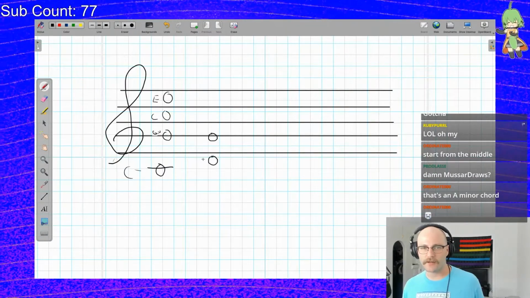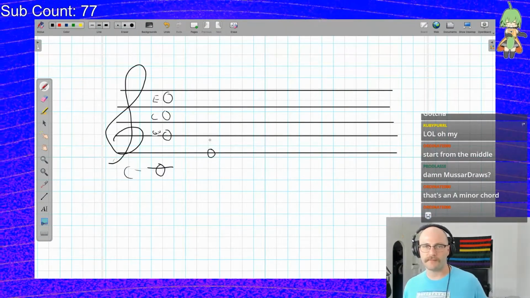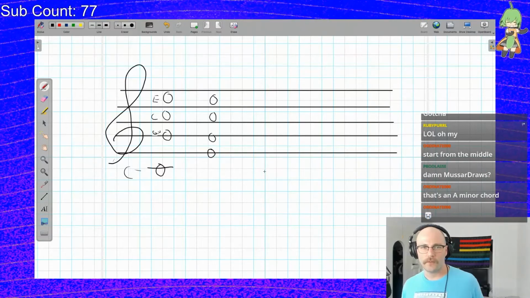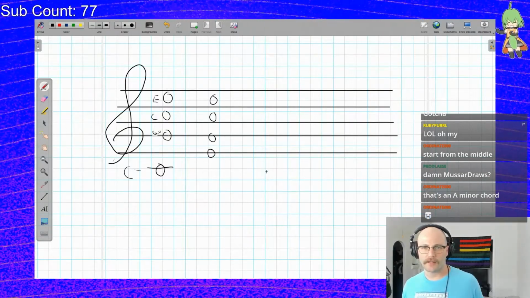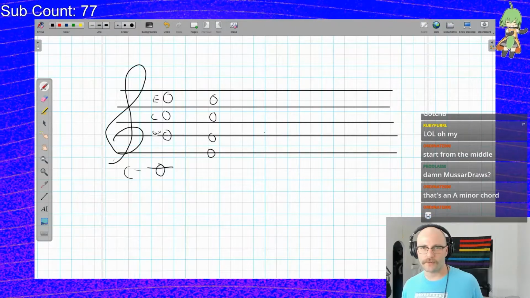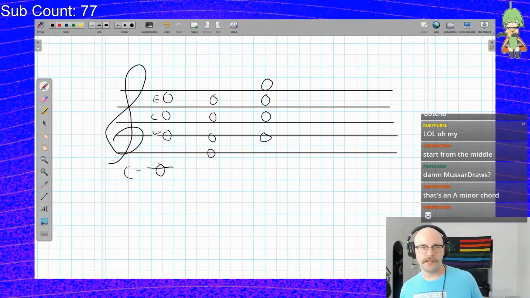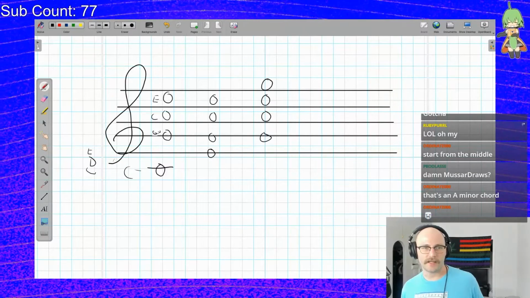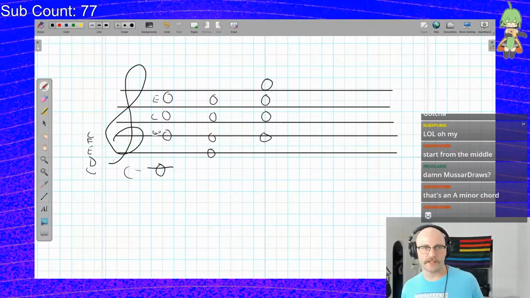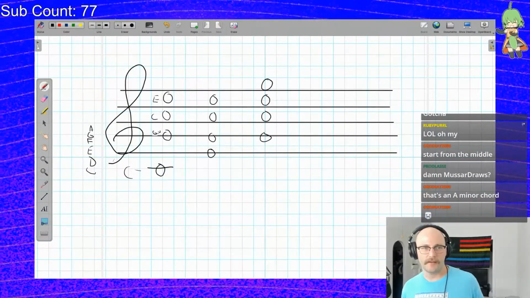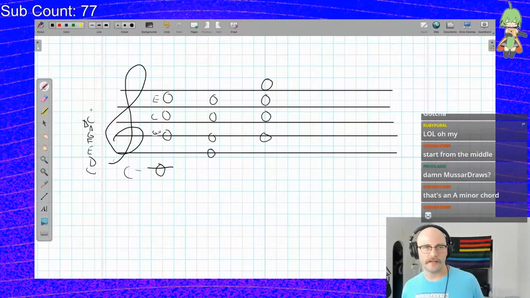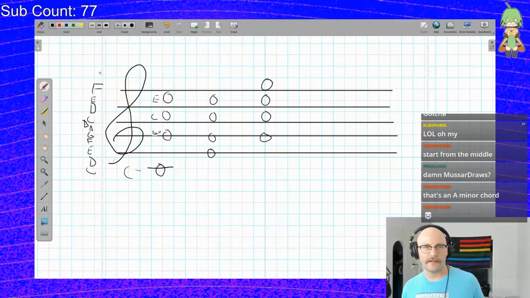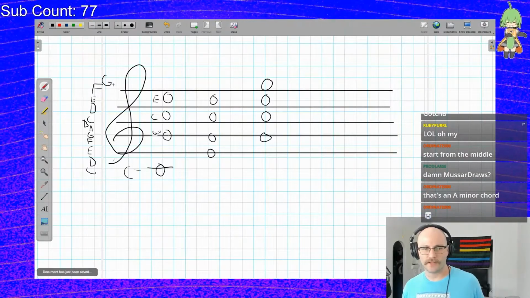This is an E, or excuse me, this is an E. And then I'm going to compare it with a G in the bass, which I think the easiest way to draw would be to do this. So just to label, you have C, then D, then E, F in the space, G in the line, A, B, C, D, E, F, then G on the space.